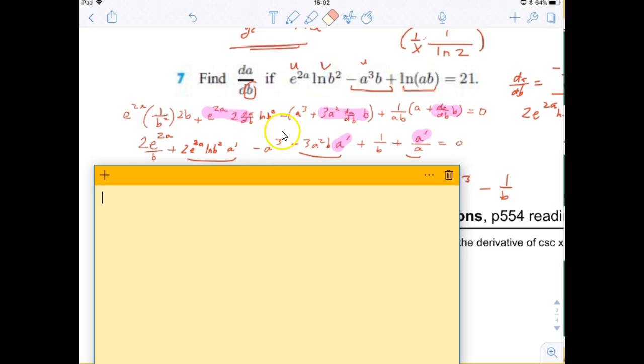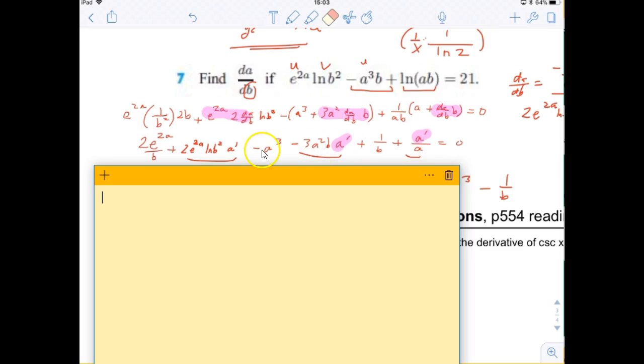And then I put minus a cubed. I distribute the negative sign, and then this would be minus 3a squared b times a dash. Then this expression here, I'm going to distribute 1 over ab with the a and with this, so that would be 1 over b. And then a dashed divided by a, because the ab cancels out with the b, just leaves a on the bottom, and da/db I abbreviate as a dashed.